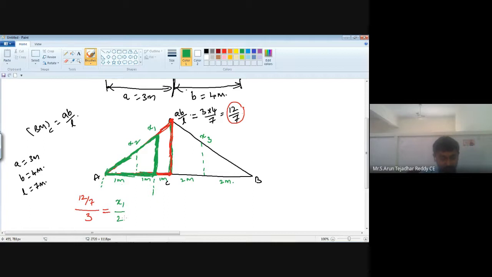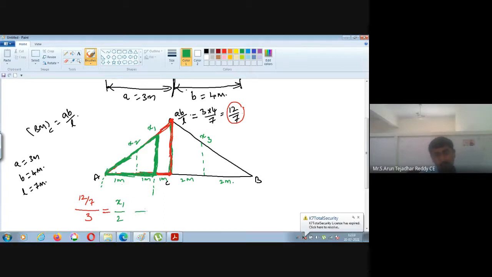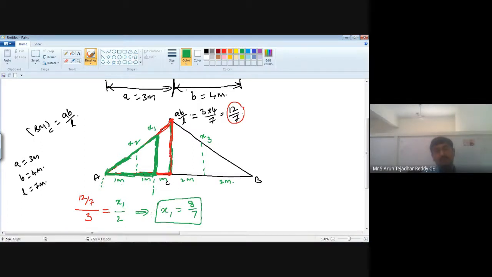It is 2 meters. Now, what is the value of x1 from this figure? That is 8 by 7. So here x1 is 8 by 7.